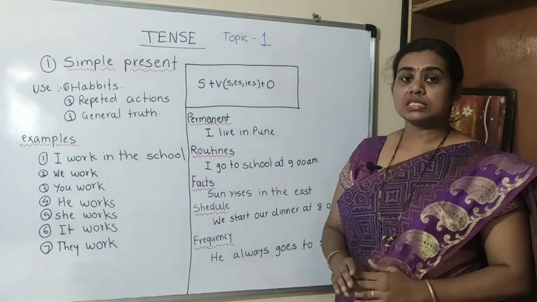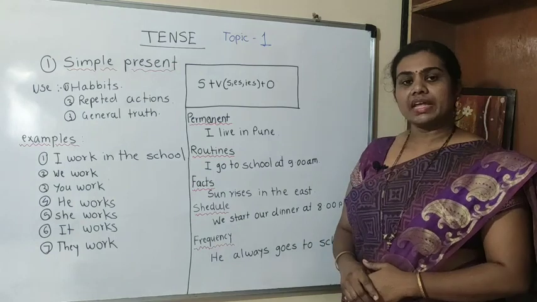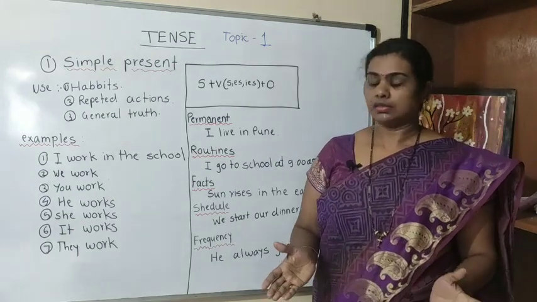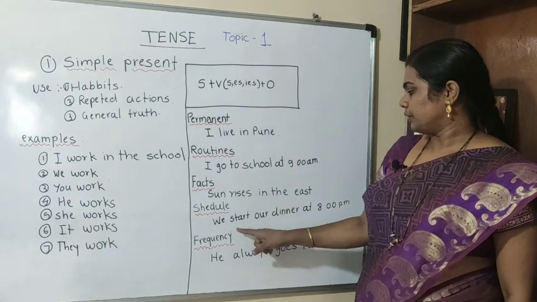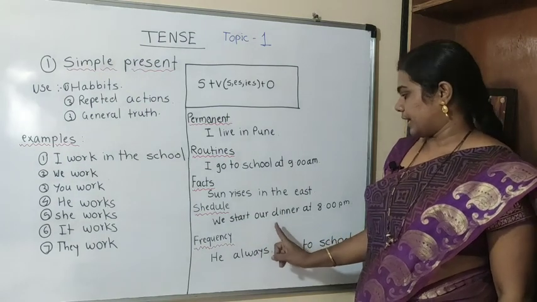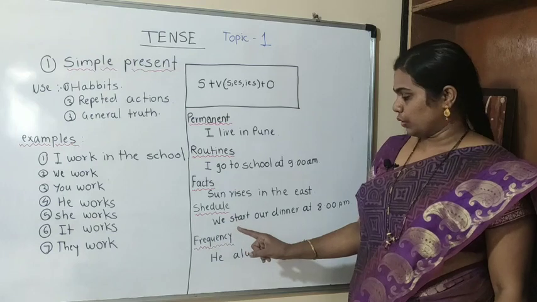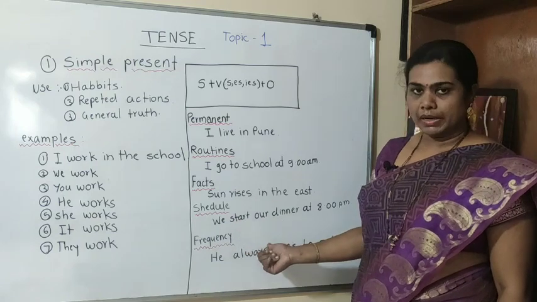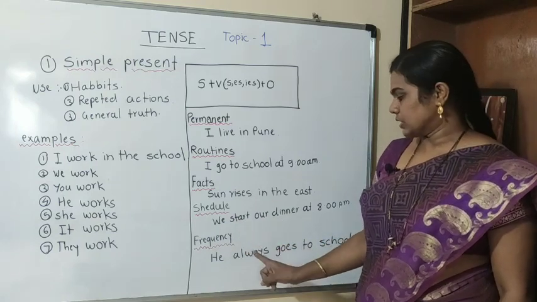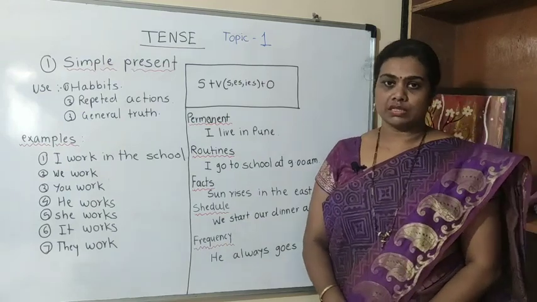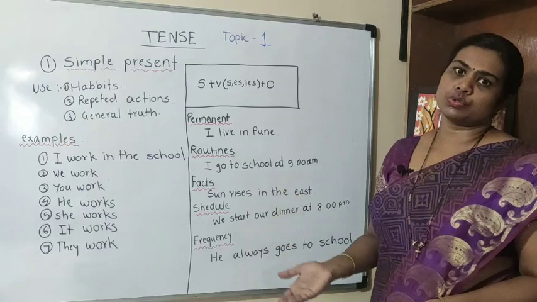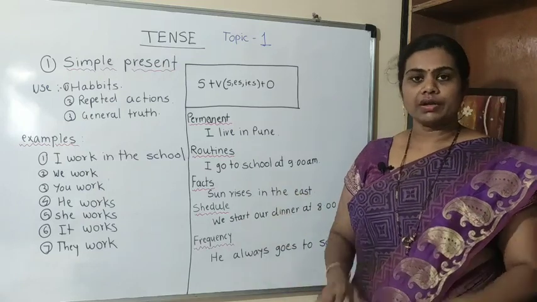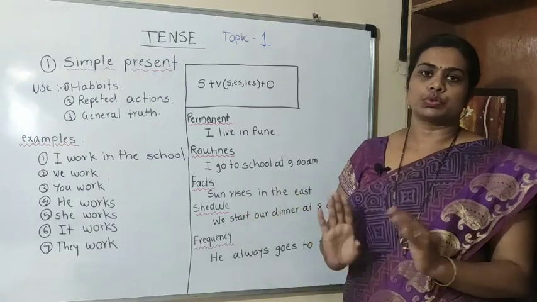Schedule. We start our dinner at 8 p.m. This is a schedule, so for a schedule you have to use the simple present tense. Frequency. Now what is frequency? It means you are continuously doing this thing, for example, he always goes to school. Whatever happens, he always goes to school.